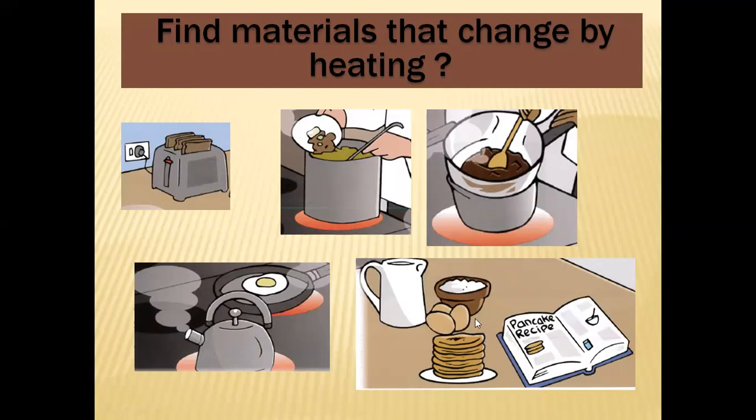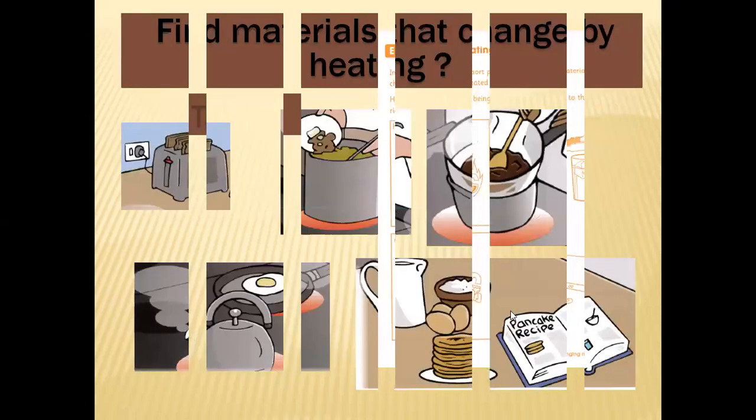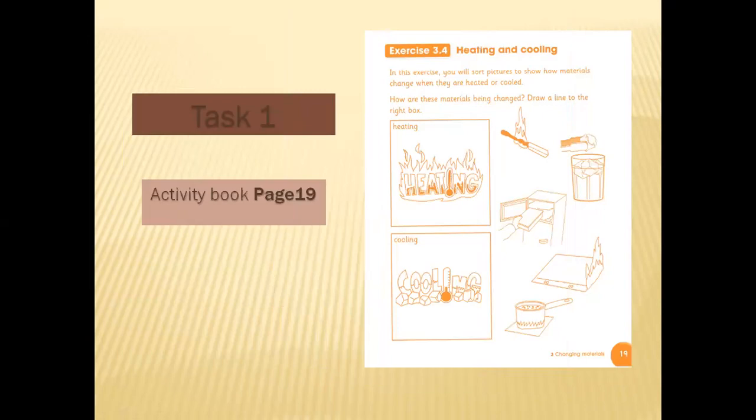Here you can see there are pancakes, there is milk. All of these things change their shape when they are put in the oven. In the activity book, page number 19, that is your task. Some of the things change their shape with the help of heating, and some change shape with the help of cooling.